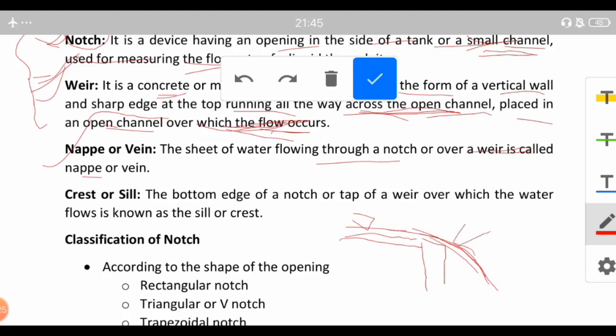This thing is known as the nappe or the vein. The crest or sill is the bottom edge of a notch or top of a weir over which the water flows. So this part of the notch is known as the crest or sill.